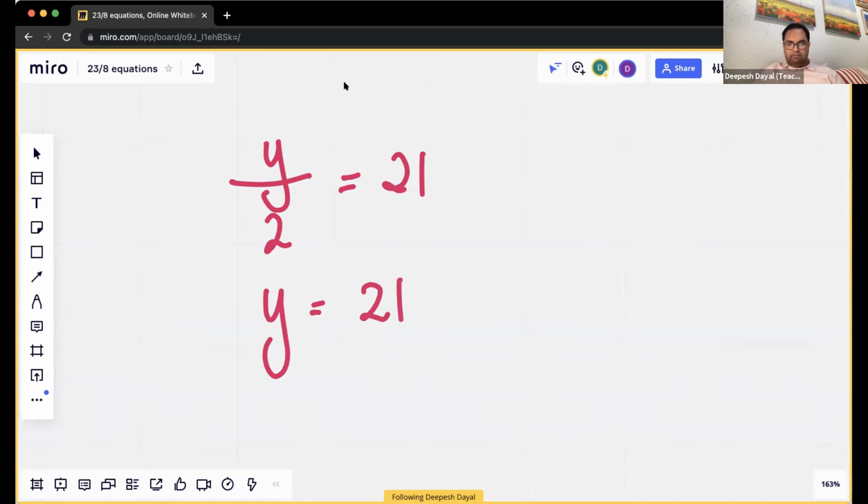So I divided both sides by 2. I mean, multiplied both sides by 2. Okay, so it's 21 times 2, which is 42, right? Y equals 42. Everybody else got that? Yes, sir.